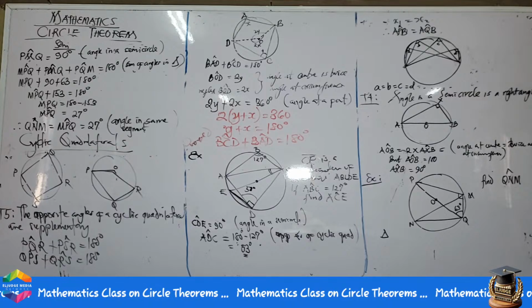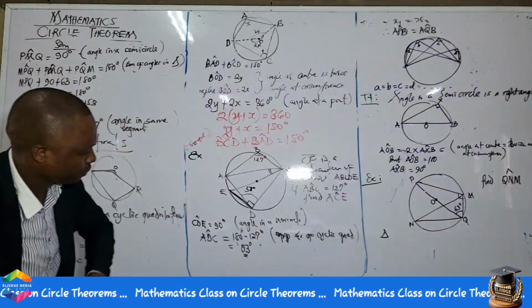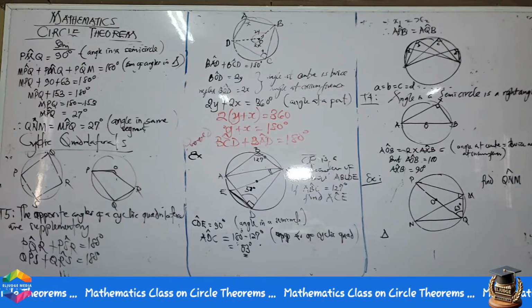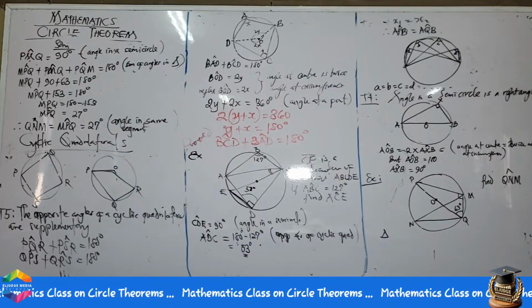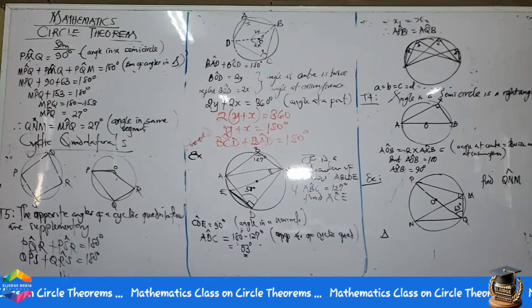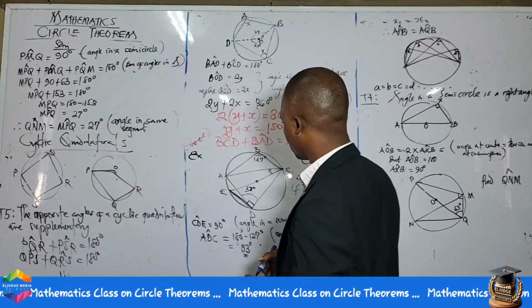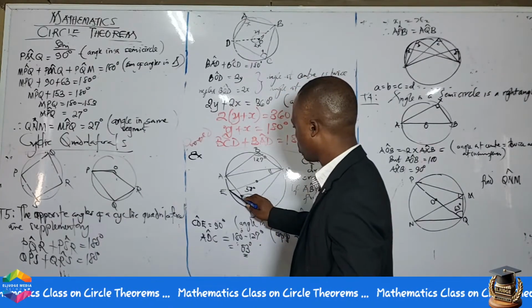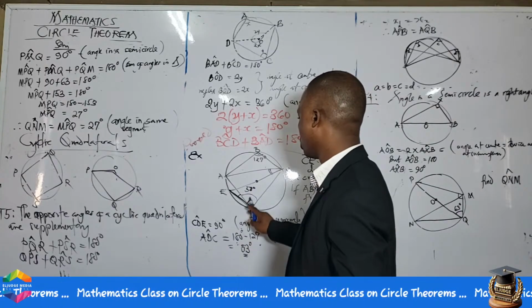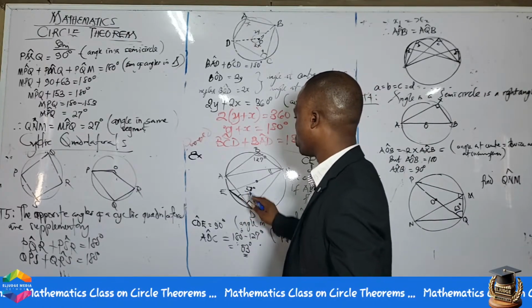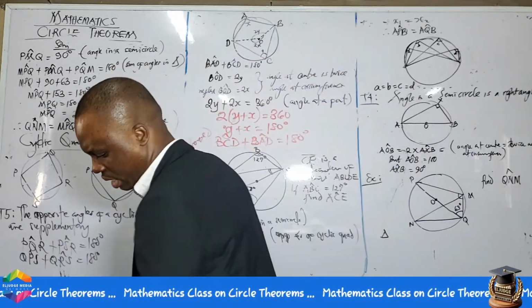We have found ADC, and we're looking for ACE. Now, if we look at this very well, the remaining part of this angle is 90 minus 53.